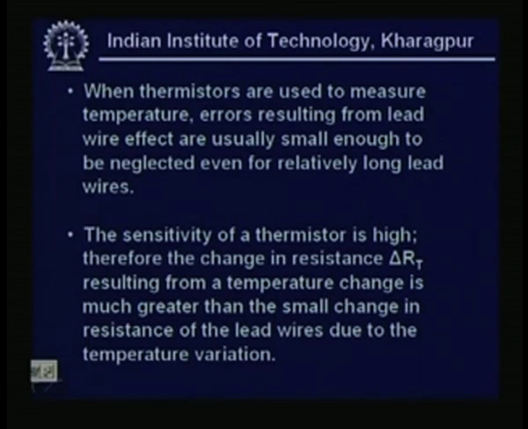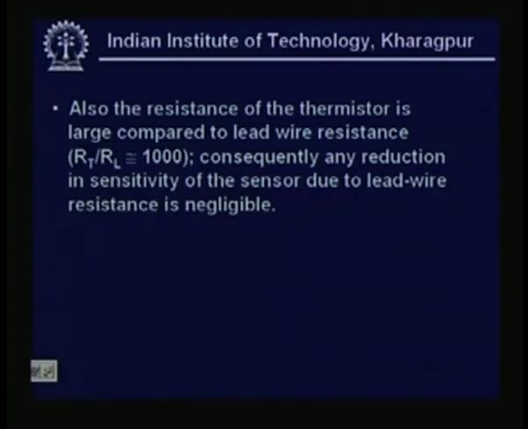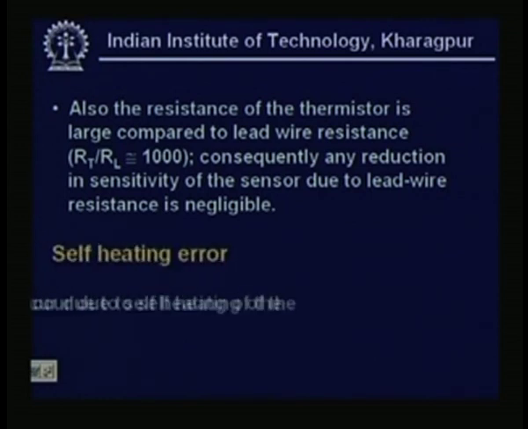This is very important, right. That is the reason we can have long lead wires in the case of thermistor. Also, the resistance of the thermistor is large compared to the lead wire resistance, which I already discussed, typically RT by RL can be 1000. Consequently, any reduction in sensitivity of the sensor due to the lead wire resistance is negligible, right.